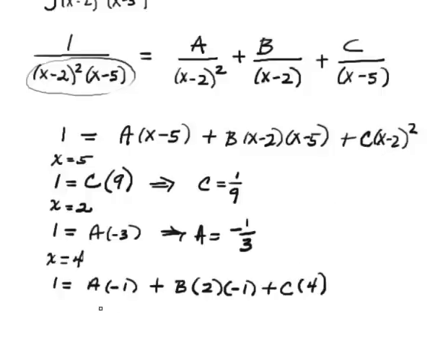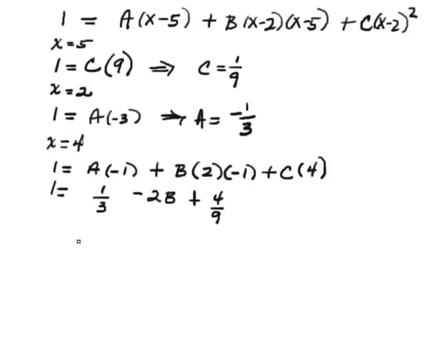All right, now we know what A and C are, so let's write that. So we have 1 is equal to A is -1/3. So here we have -1/3 times -1, so that's 1/3. Okay, here we have -2B, and C is 1/9, so we have plus 4/9. All right, so we can just solve for B. So I'll put 2B on the other side, so I add 2B to both sides.